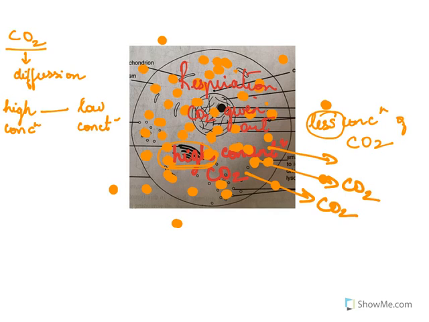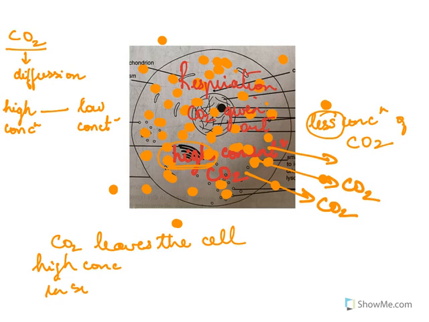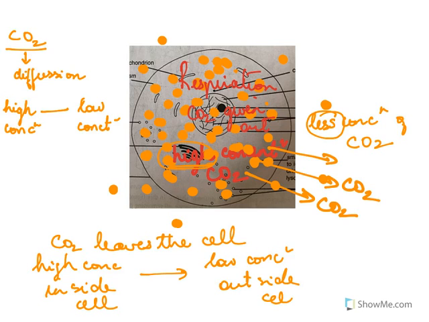Carbon dioxide leaves the cell because it goes from a high concentration, which is inside the cell, to an area of low concentration, which is outside the cell. So the main process by which carbon dioxide and oxygen enter and leave the cell is diffusion.